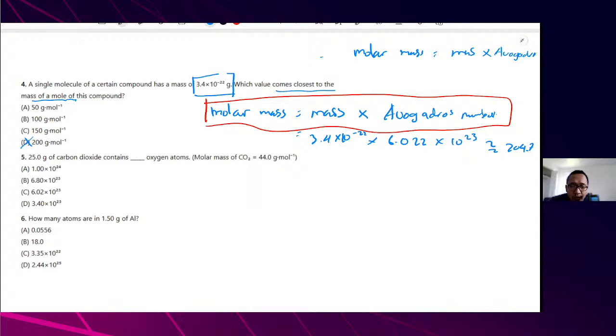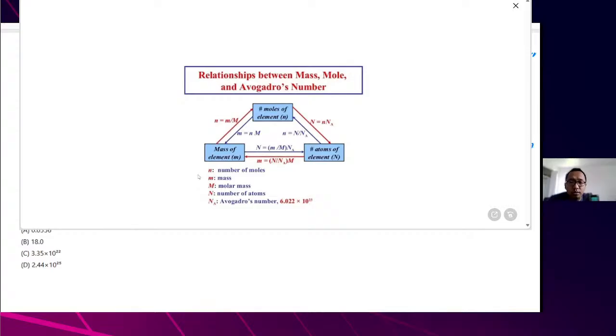All right. See? So now we can understand better. The relationship between mass, mole, and Avogadro's number.